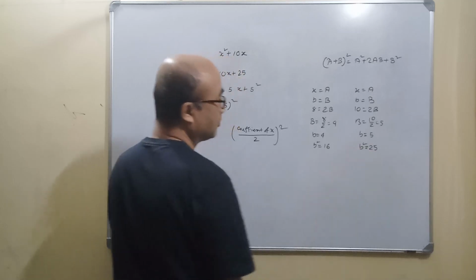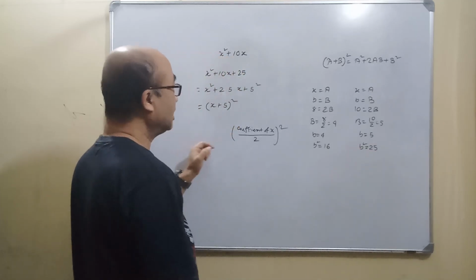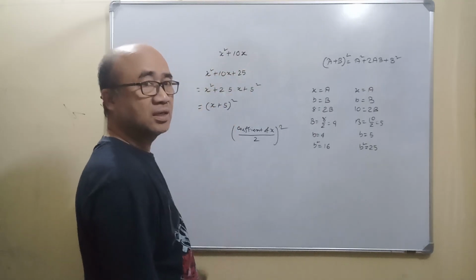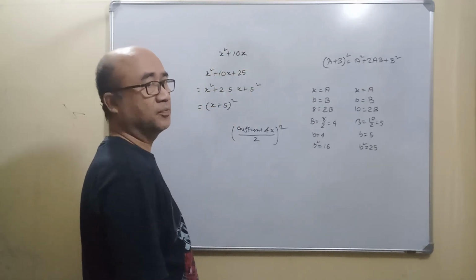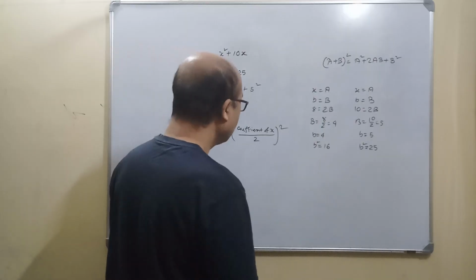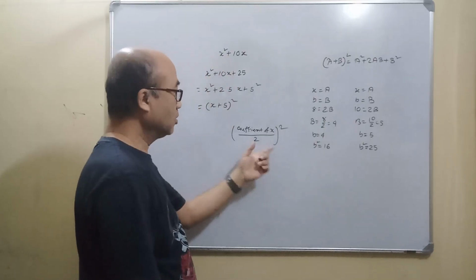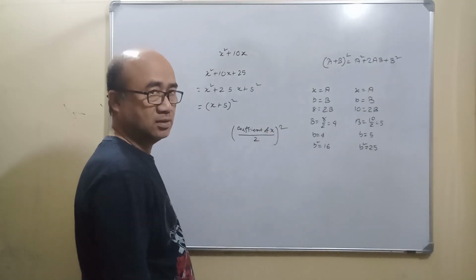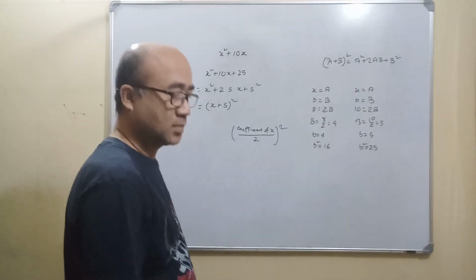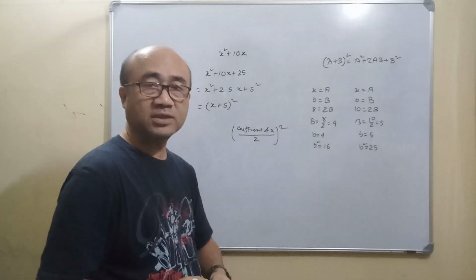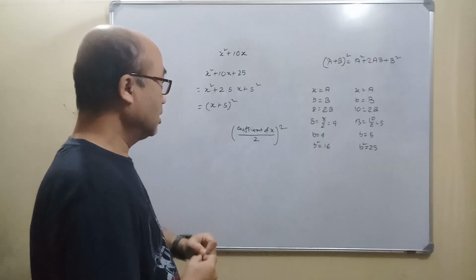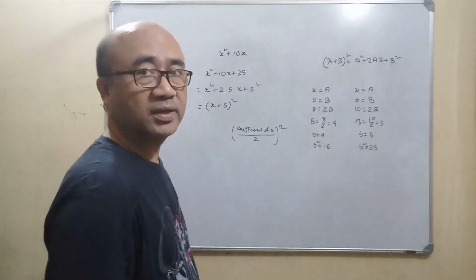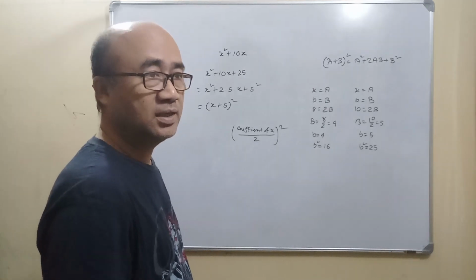Then you get that term that should be added to the expression so that it becomes a perfect square. Okay? So this is the rule: coefficient of x by 2, whole square. That will give us the term that should be added for making an expression a perfect square. Clear?